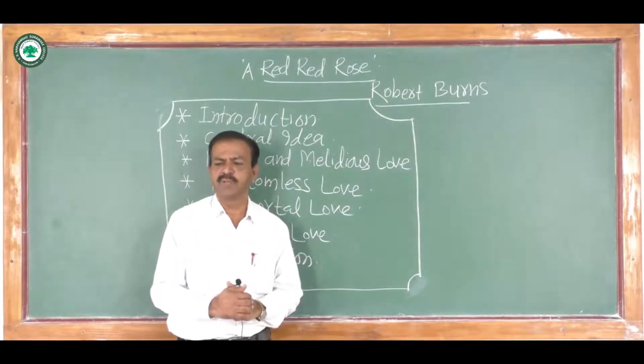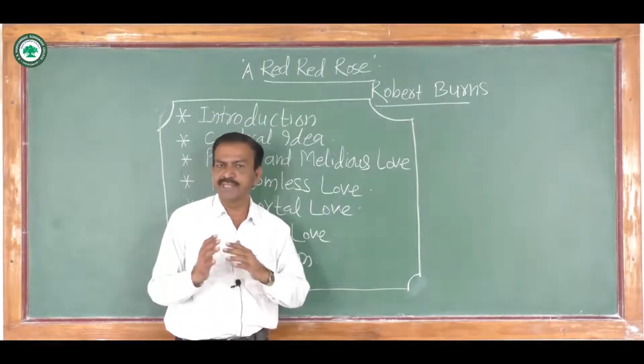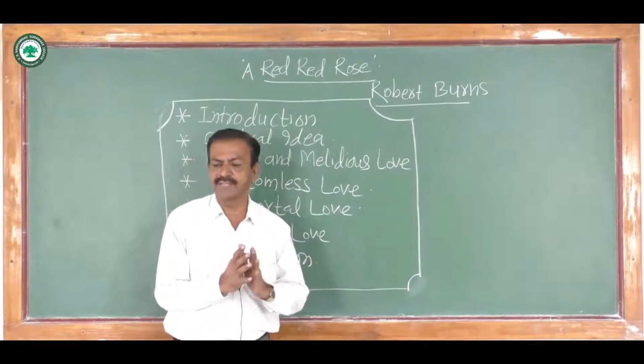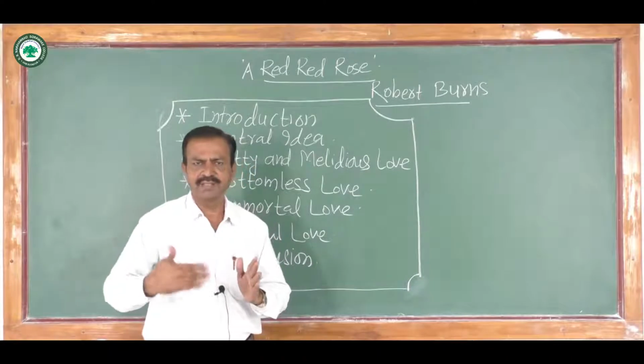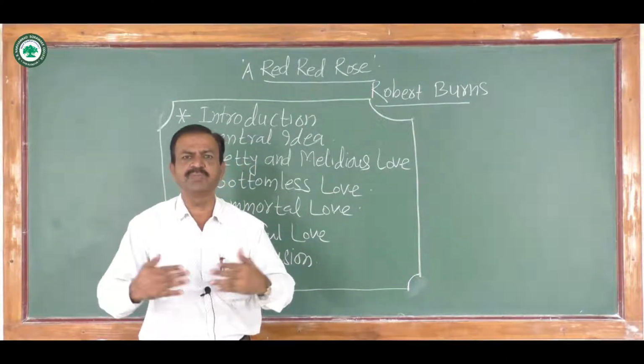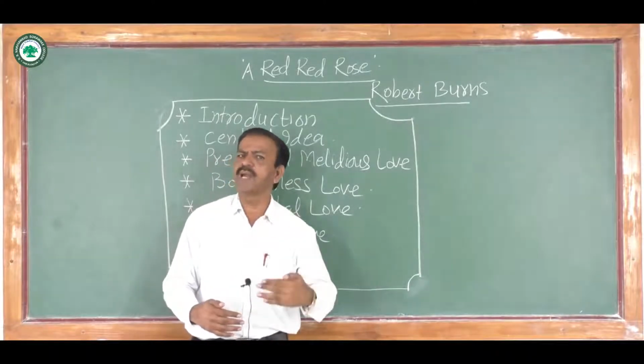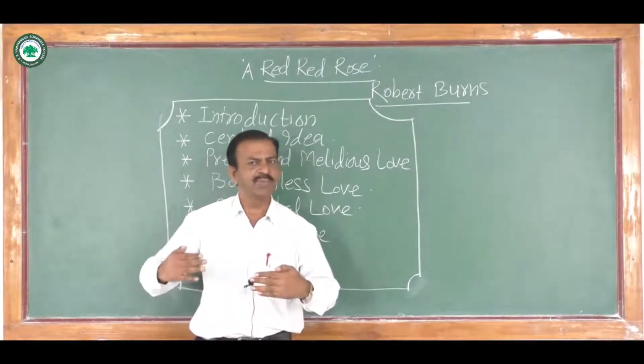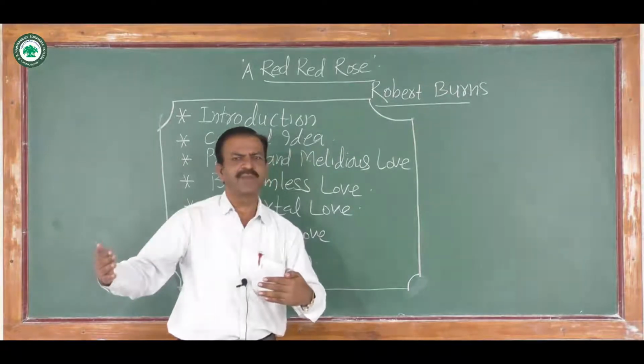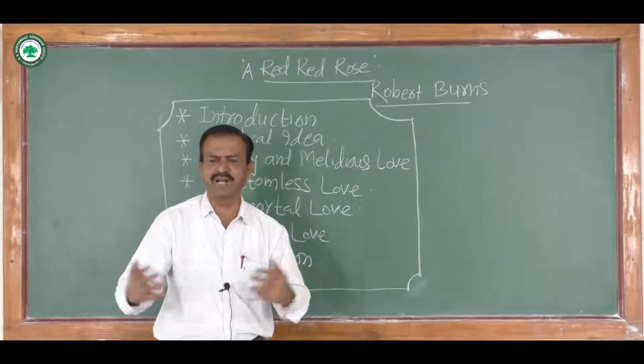Next, the poet describes the shadow of parting. After half of the poem, we'll notice the shadow of parting, that means he is going to part from his beloved or sweetheart.